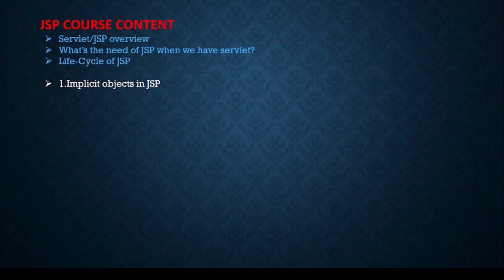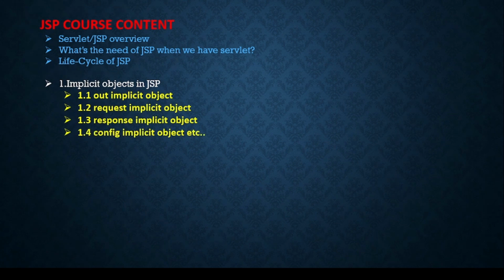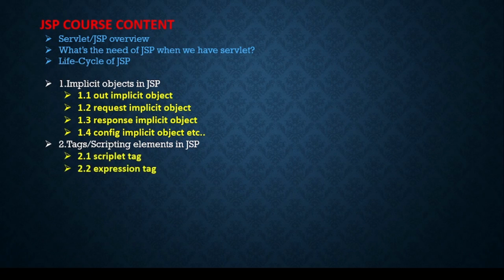As part of the implicit objects, we are going to cover out implicit object, request implicit object, response implicit object, config implicit object, and many more implicit objects. We are going to cover some implicit objects I have pointed out here. Then we are going to study tags or scripting elements in JSP. Basically there are three kinds of scripting elements: scriptlet tag, expression tag and declaration tag.